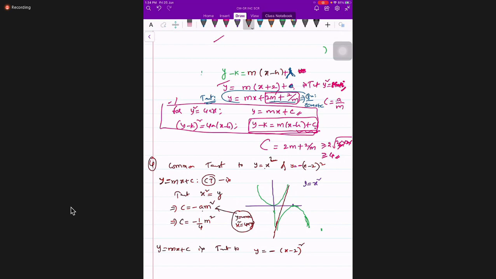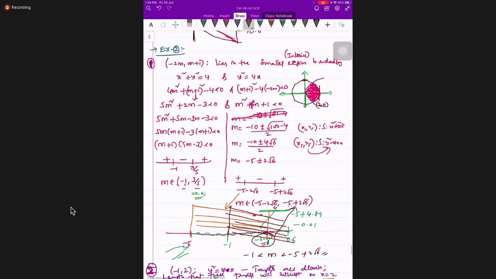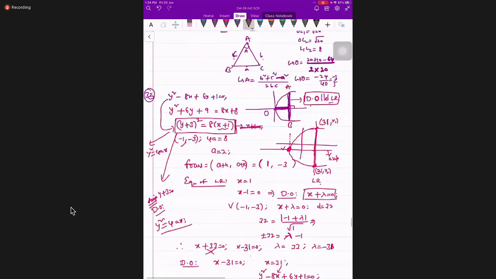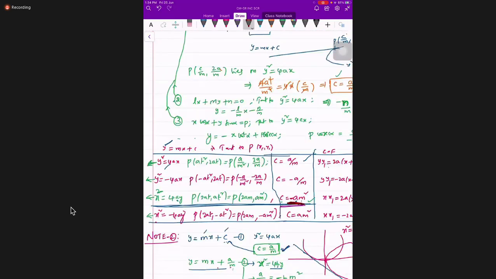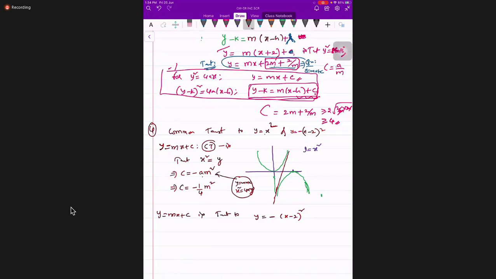Correct or not? Only the length we want. What is that now? y square equal to minus 4x. What is the condition? C equal to am square. Correct or not, students? All of you?